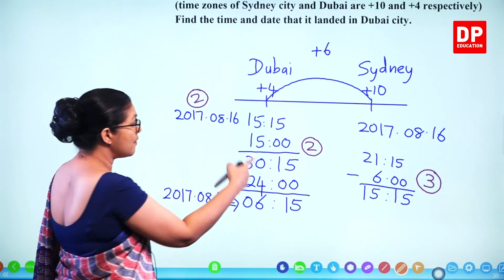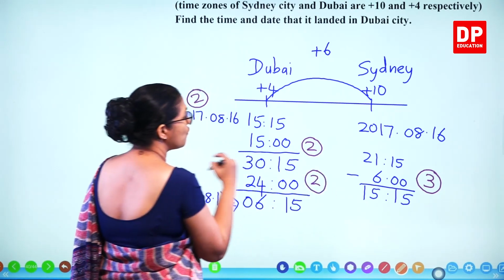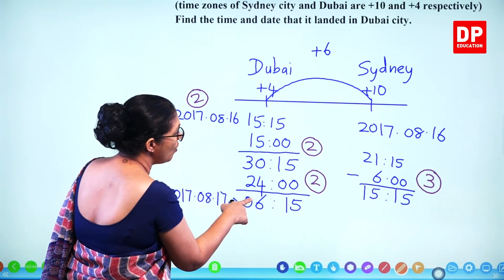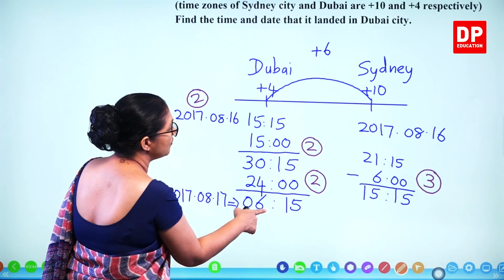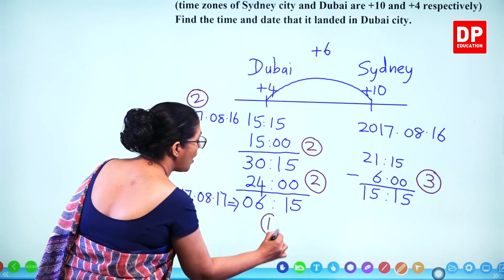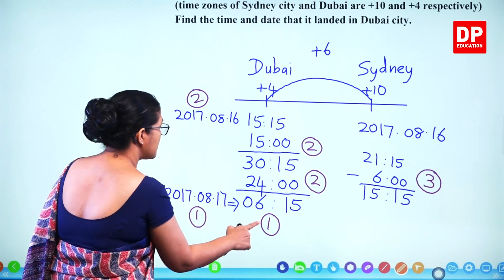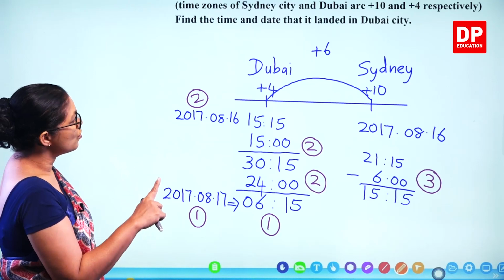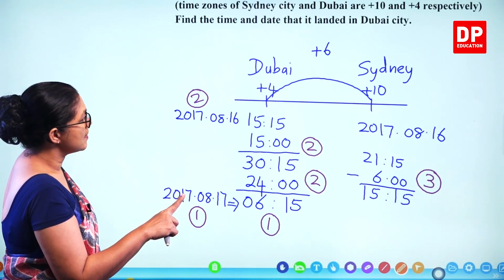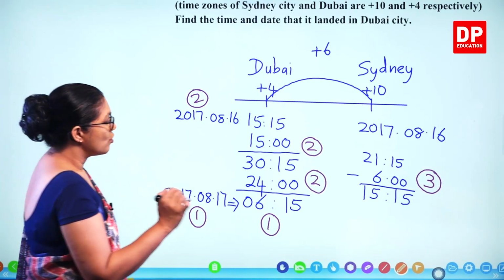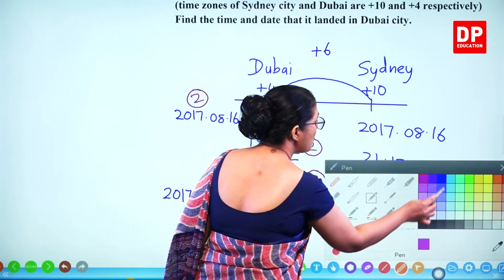But you have to convert again to the 24-hour clock. So you subtract 24 and you get this value. And 1 mark each for the time and date. That's the final answer. So 5, 2, 2, 2, 11 marks for that. So that's the last question in this paper.